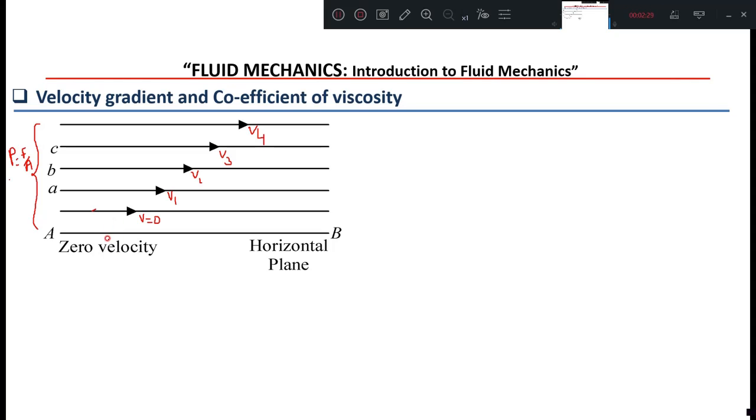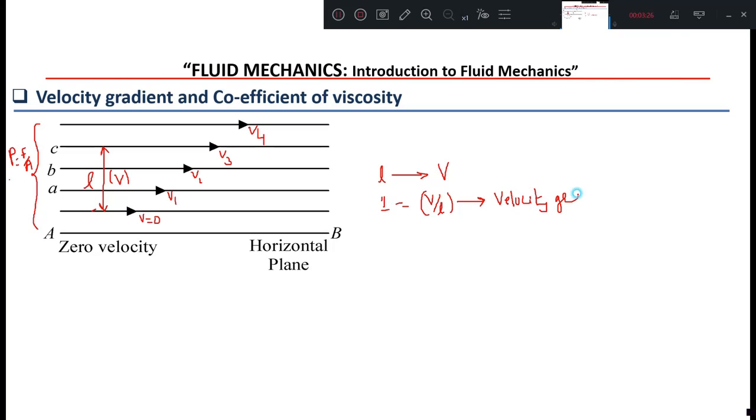Suppose we take a height L, and consider the velocity difference between this layer and this layer as V. So for a distance L, the velocity difference between the two layers is V, and for one unit the velocity difference will be V by L. This is what we call the velocity gradient.